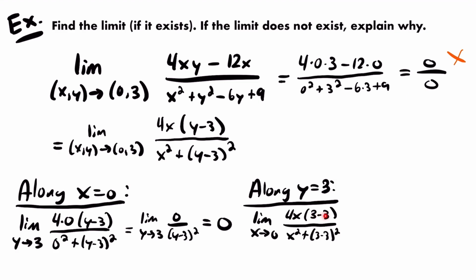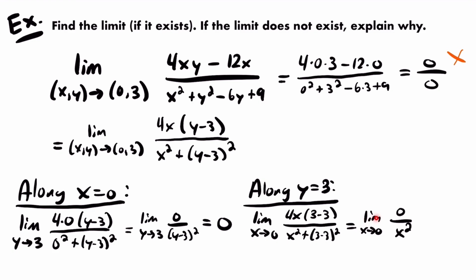All right, now 3 minus 3 is 0, so you have 0 times 4x in the numerator, which is just 0. So you get the limit as x approaches 0 of 0 divided by x squared, right? 3 minus 3 is 0, 0 squared is 0, 0 plus x squared is x squared. So you have 0 divided by x squared, which just like this limit over here, 0 divided by that value will just be 0.